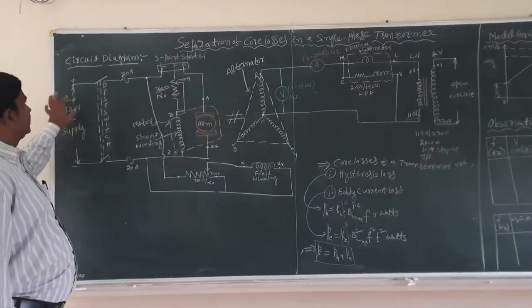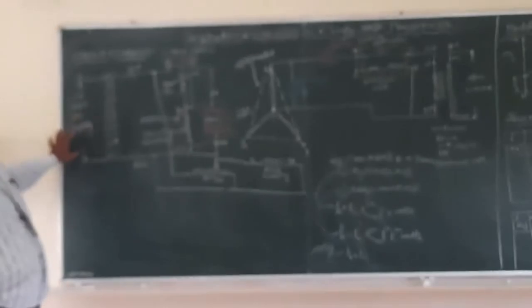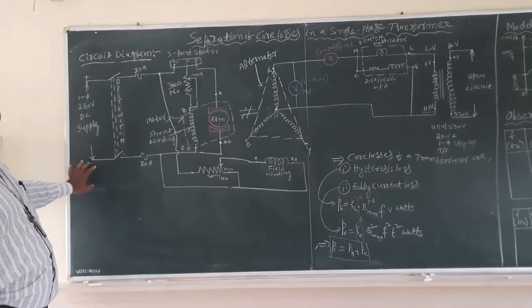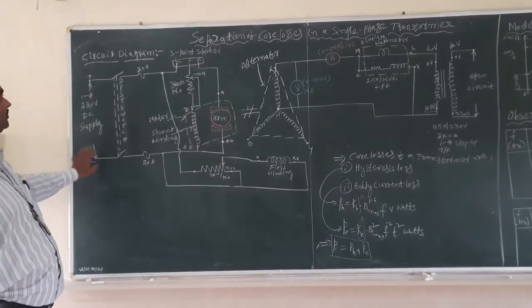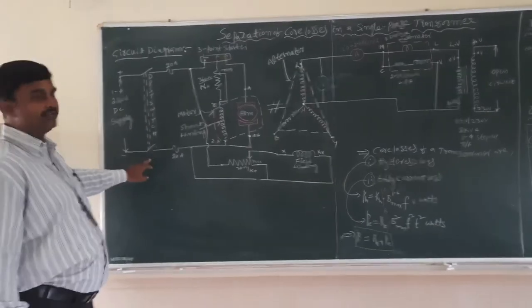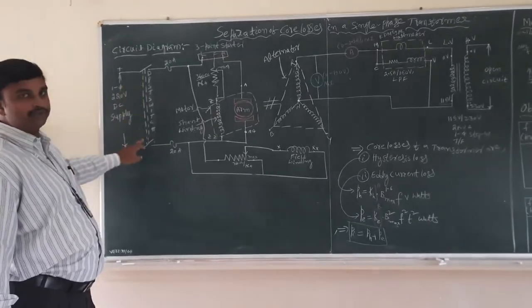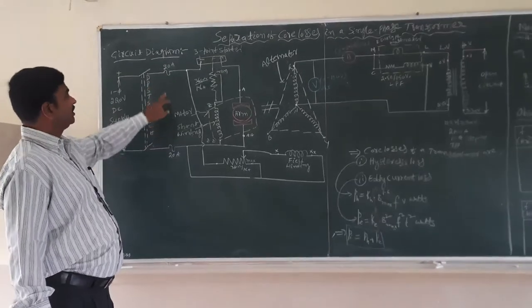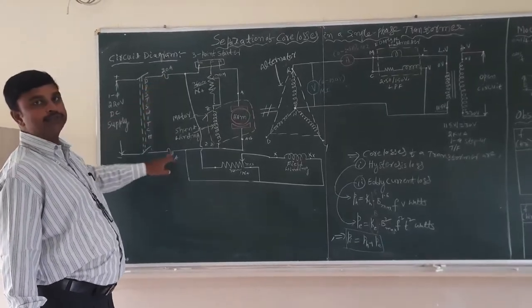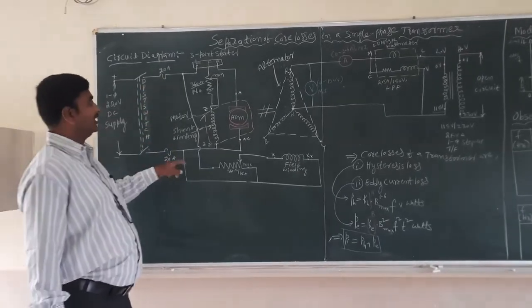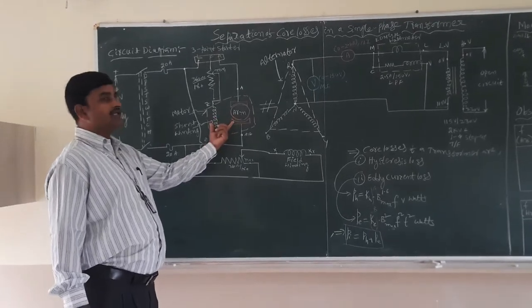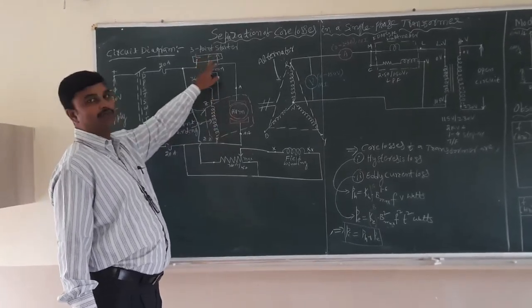For the DC motor we give a DC supply from the mains. Here is a DPST switch, a double pole single throw switch, and a 20 ampere fuse for protection. We start the DC motor with the help of a 3-point starter.